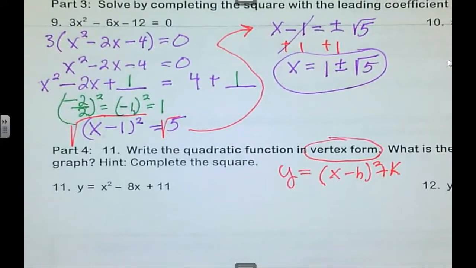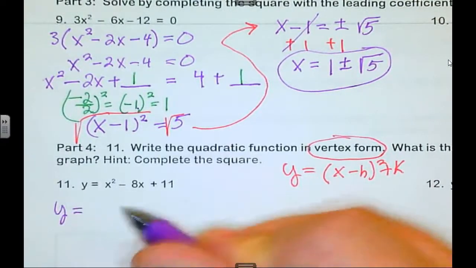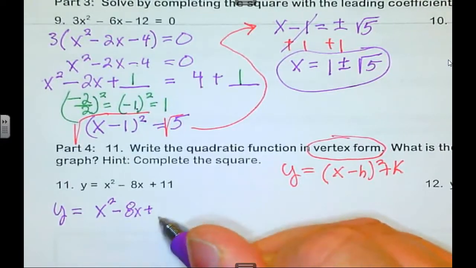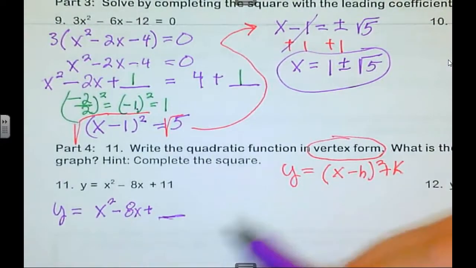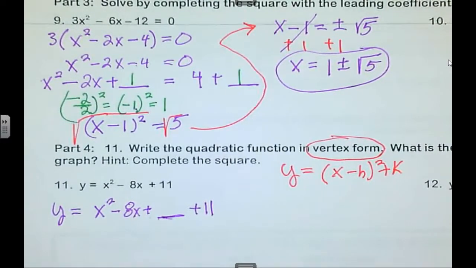So, number 11. I'm going to keep the 11 on this side. Y equals, here's my x squared minus 8x. I'm going to add to it to make it a perfect square trinomial.